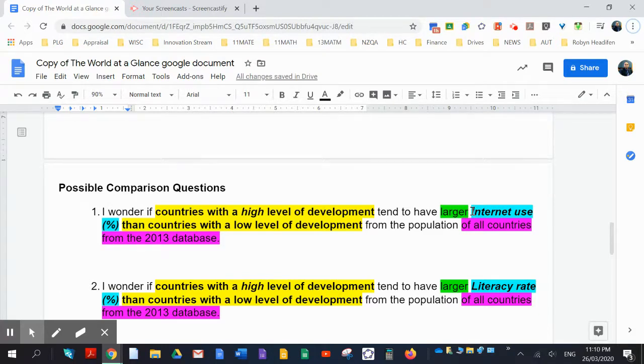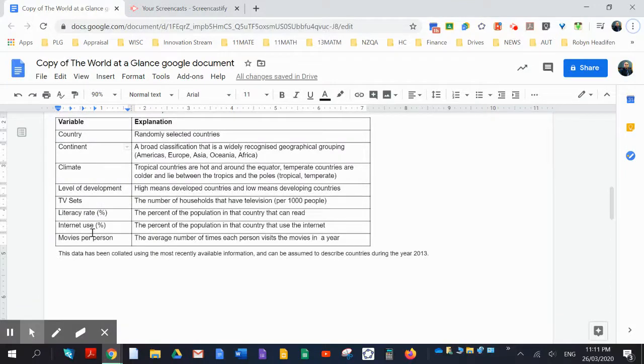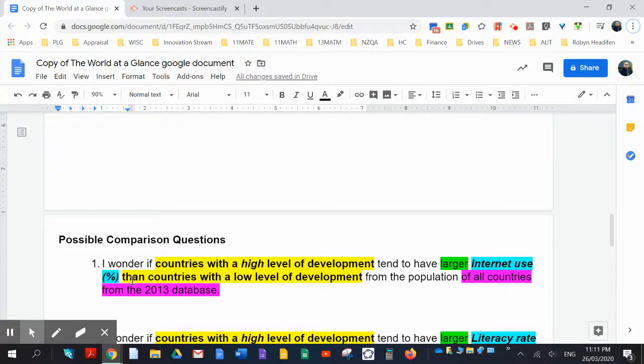And I'm looking at internet usage or internet use percentage, and I've just literally taken the variable from here and I've used that. So I wonder if countries with a high level of development tend to have larger internet use percentage than countries with a low level of development. And my population is there.